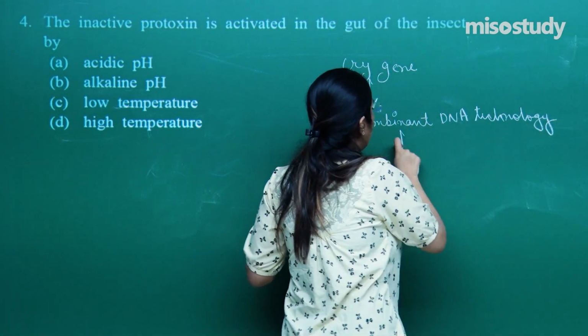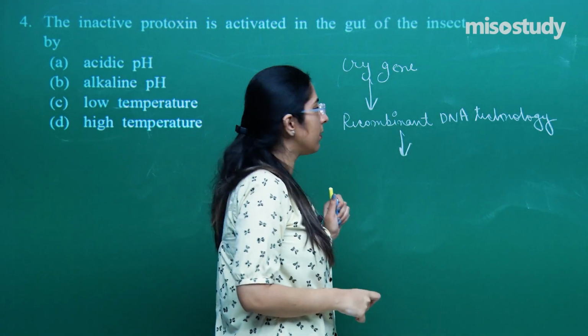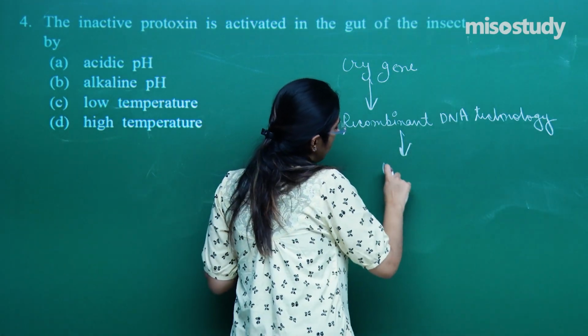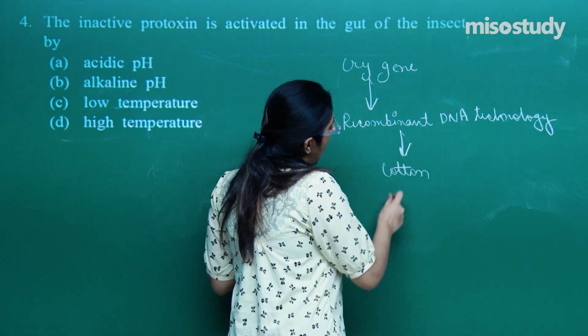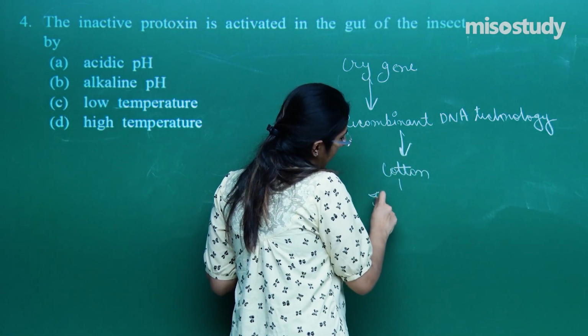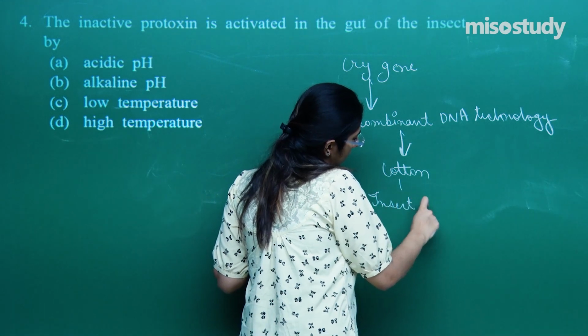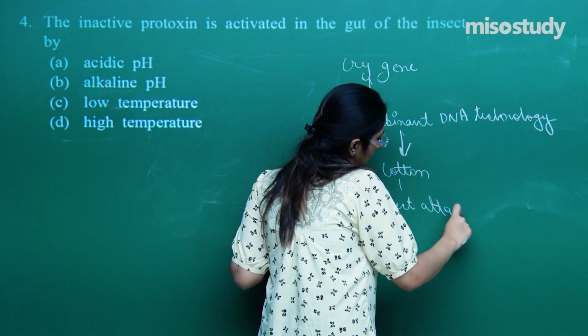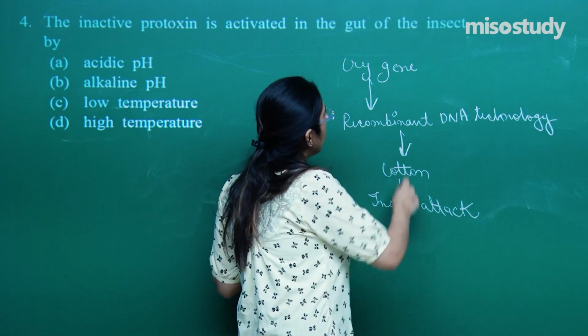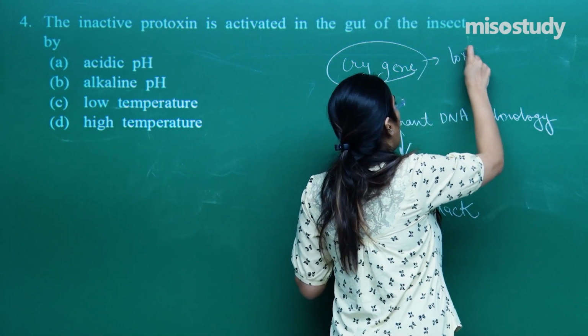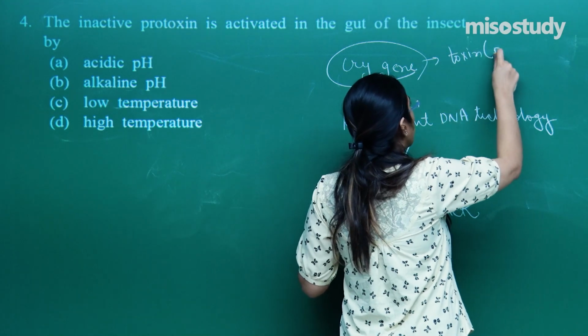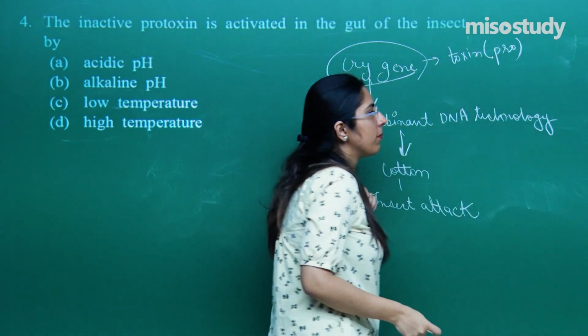it is inserted into many plants, and let's talk about cotton first. It is inserted into the cotton, and whenever an insect attacks, we know that this cry gene produces a toxin, and that toxin is in pro form. Pro means inactive form.